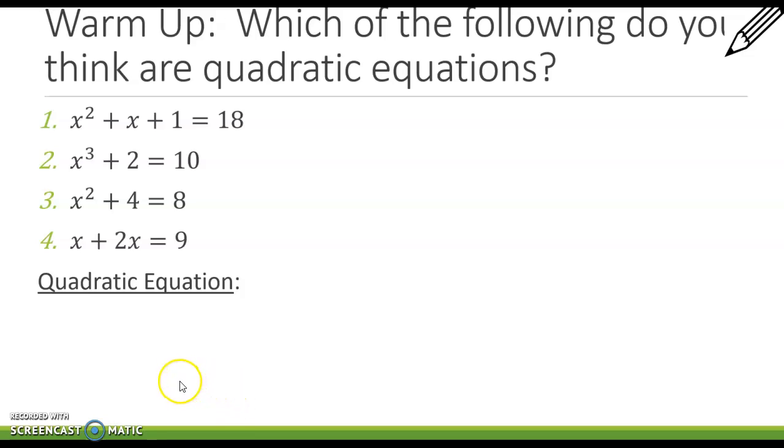I hope that you answered that number 1 and number 3 are quadratic equations. The definition of a quadratic equation is a quadratic function equal to a value.